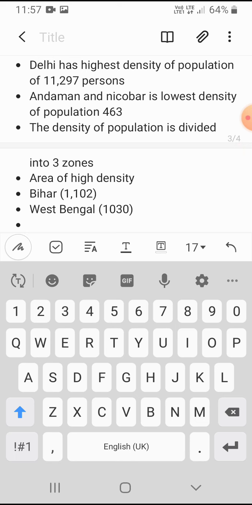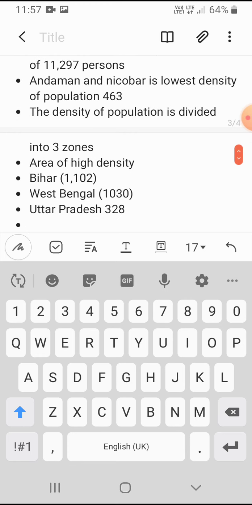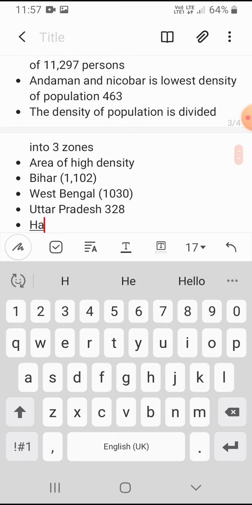Next is Uttar Pradesh. I will say only the names. Uttar Pradesh has 828 people living per square kilometer. Next is Haryana, 573 people per square kilometer.